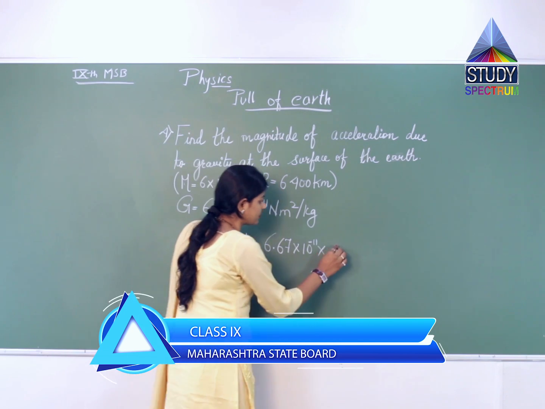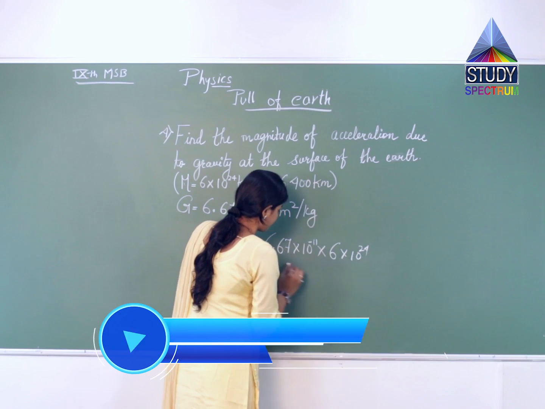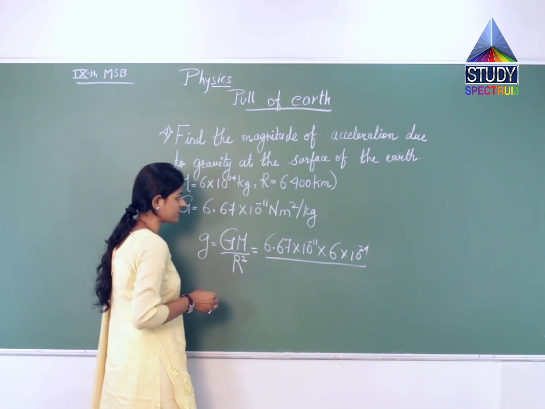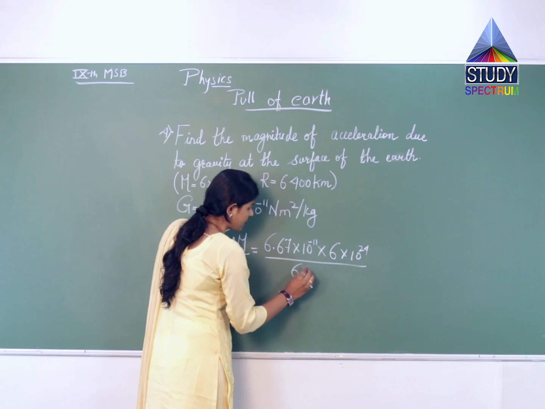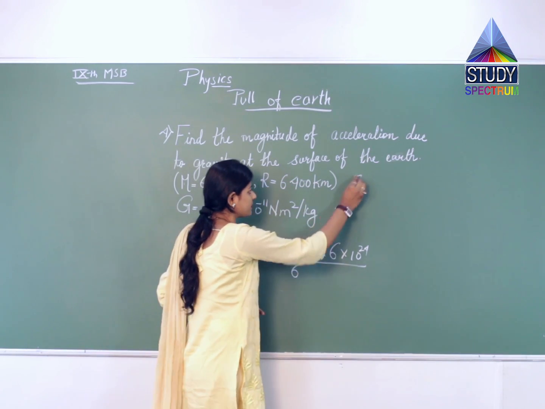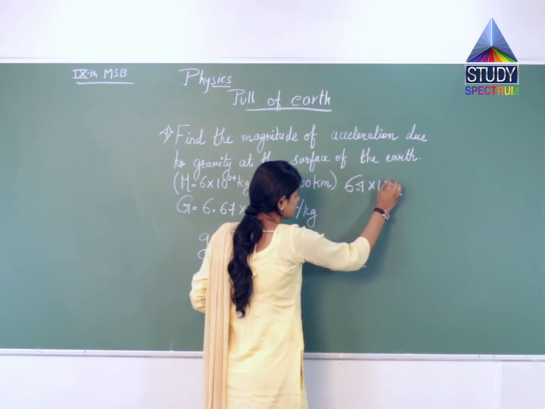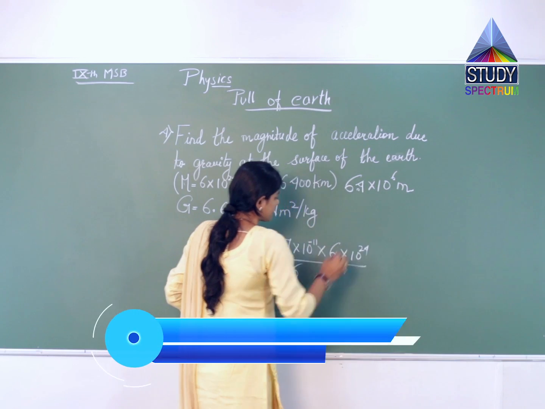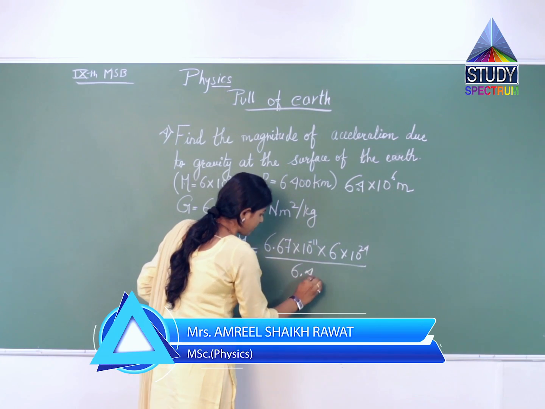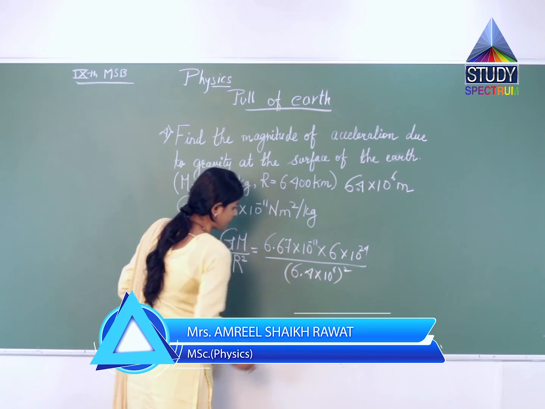Mass is the mass of the earth, which is 6 into 10 raised to 24. R is the radius of the earth, which is 6,400 kilometers. If we convert 6,400 kilometers into meters, it will be 6.4 into 10 raised to 6 meters. So substituting the value, 6.4 into 10 raised to 6 meters, the whole square.